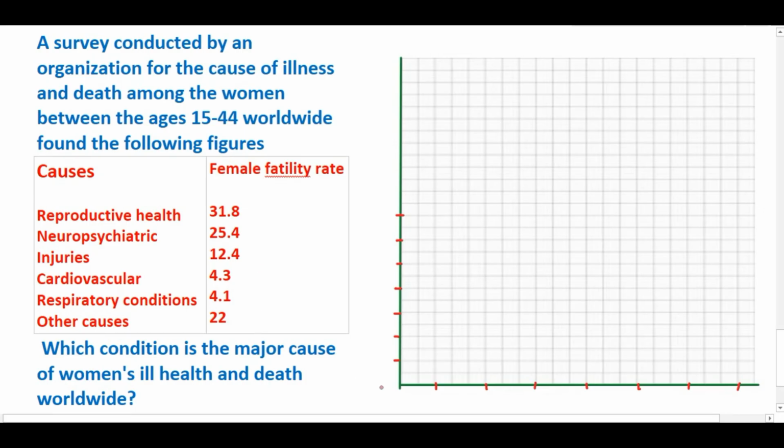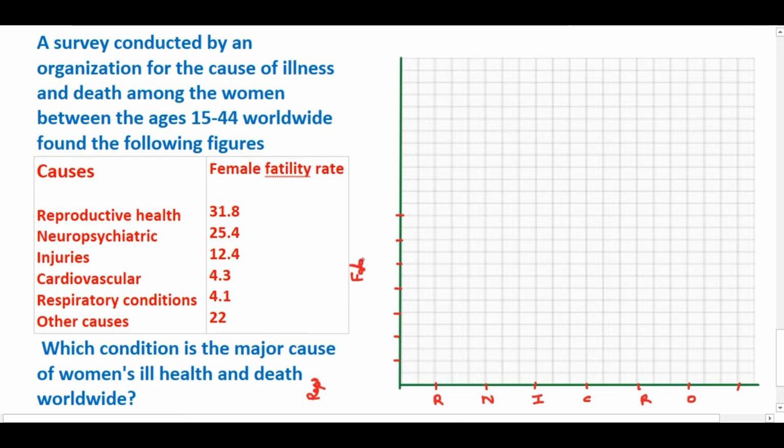So the variables we will mark on the x-axis, that is reproductive health condition, neuropsychiatric condition, injuries, cardiovascular condition, then respiratory conditions and other conditions. You can write even full, like sidewise you can write reproductive, like this also you can write. Now here, causes we are taking on the x-axis, and fatality rate you are taking on the y-axis.